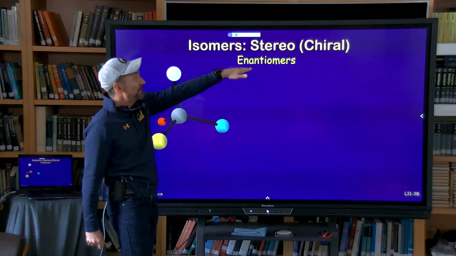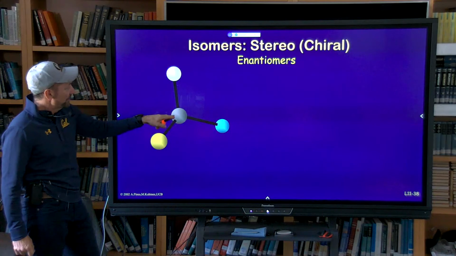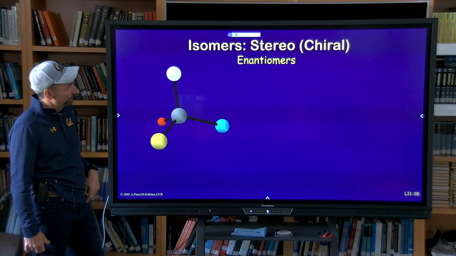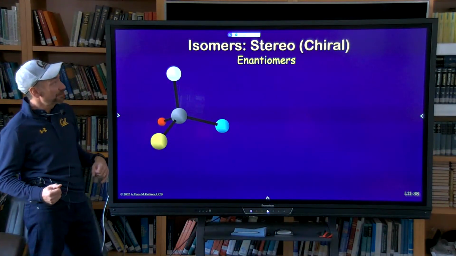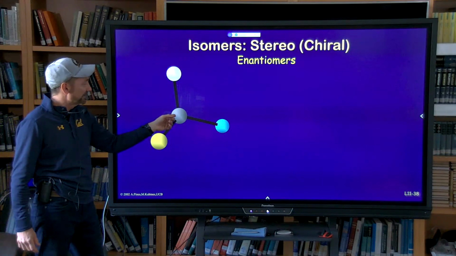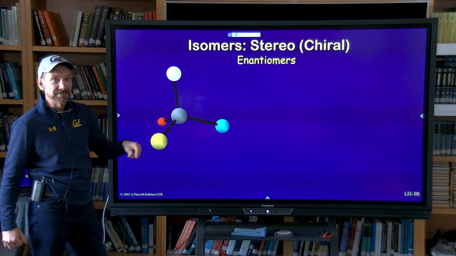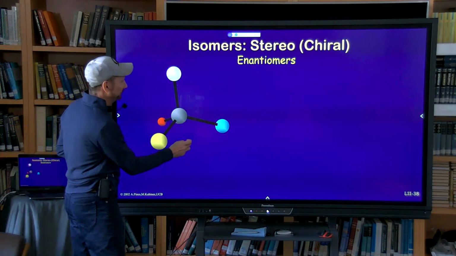A very special subtle one, the pairs are called enantiomers. So here's a carbon with 4 different things, say, attached to it. And that's how you find chiral isomers, these are called. Chirality exists when you have one central atom with 4 different things attached to it that potentially has an isomer.